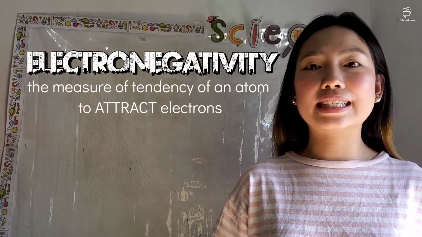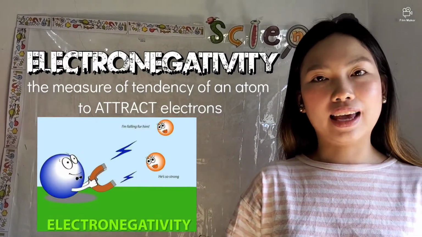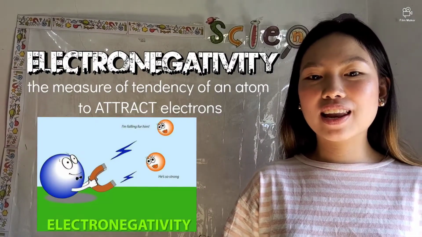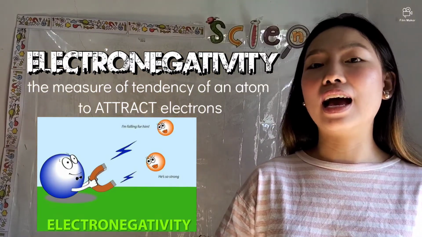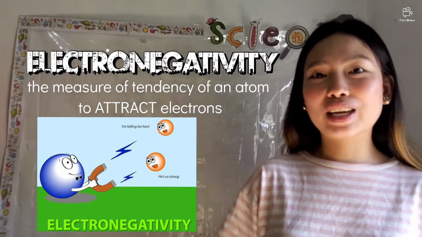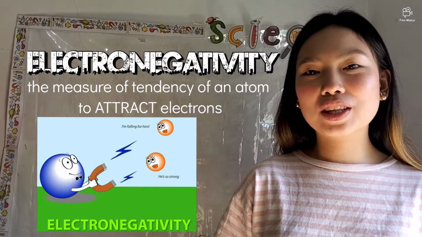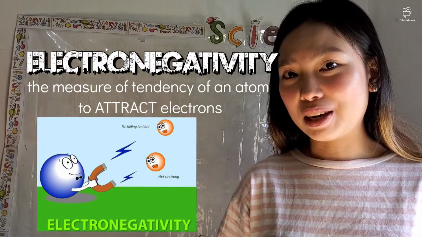So, electronegativity is the measure of the tendency of an atom to attract electrons. So, when we say electronegativity, the tendency is to attract o humila ng electrons. When we say humila ng electrons, nangyayari ang electronegativity para maging stable ang isang atom o ang isang element once they are performing chemical bonding.